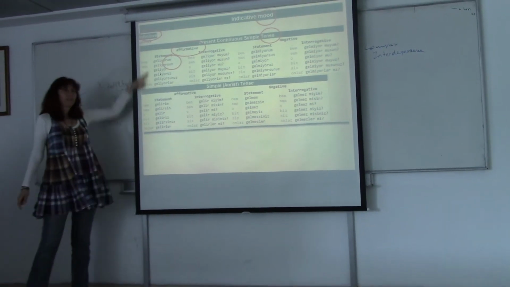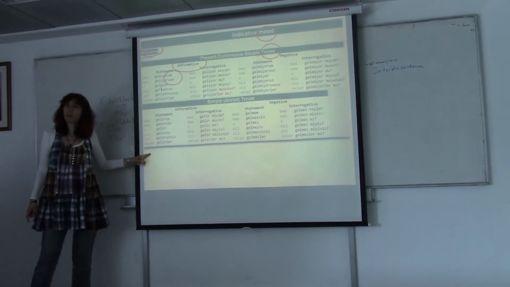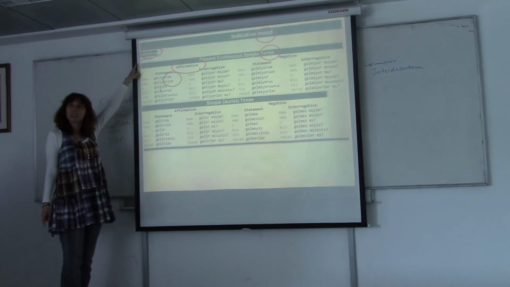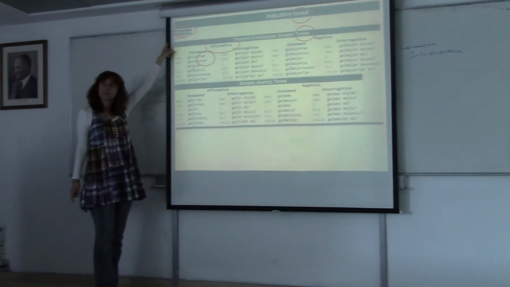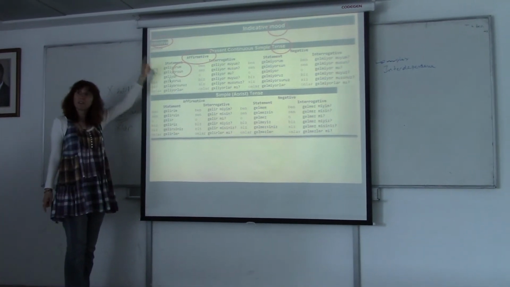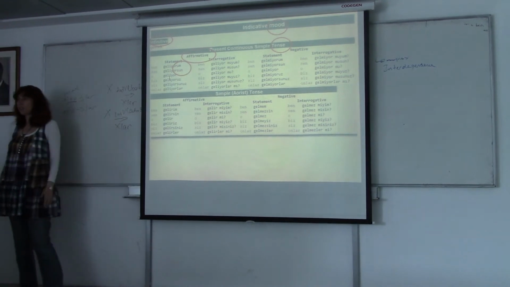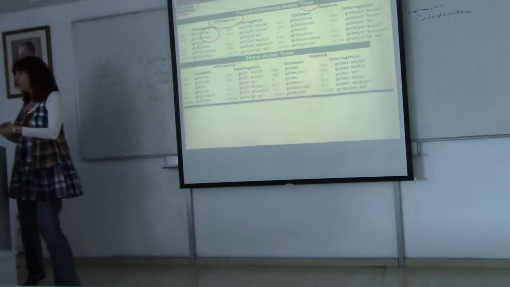So the forms that include a person are called finite forms. The forms that do not include a person, but are only used as reference to an action in a particular context, are called the non-finite forms. In Turkish, that's the infinitive, but we see that in other languages there are other forms.